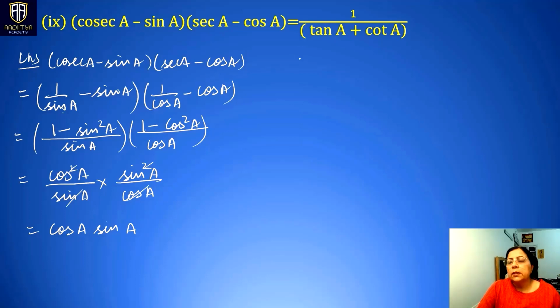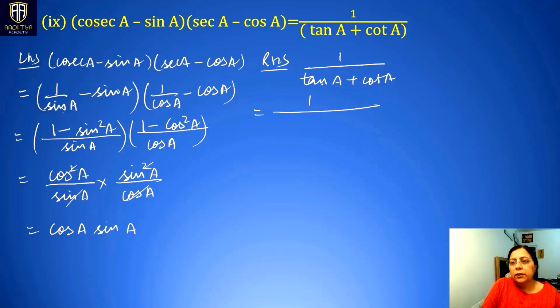Now we can see that if we have to find this, we have to reach this point. This cannot be done by using this term. So instead we can solve the RHS of this identity and bring it to the same point if it is possible. See, 1 upon tan A plus cot A. Now what I am doing here is converting tan and cot into sine and cos terms.